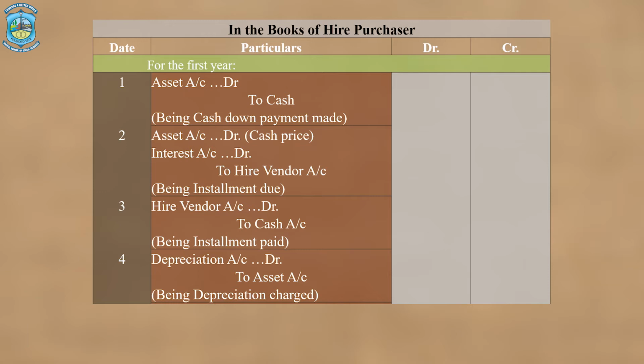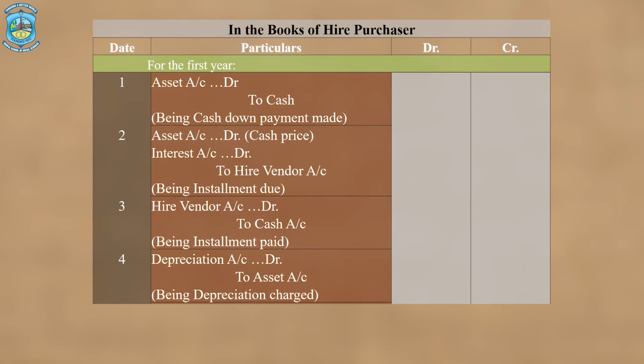Therefore, the purchaser must be aware of the entire cash price and not the hire purchase price only. So whatever method of depreciation is practiced, as per the accounting policy of the purchaser in their books, he has to adopt that particular method of depreciation, be it the original cost method, also known as the straight line method, or maybe the WDV or written down value method, or the diminishing balance method.